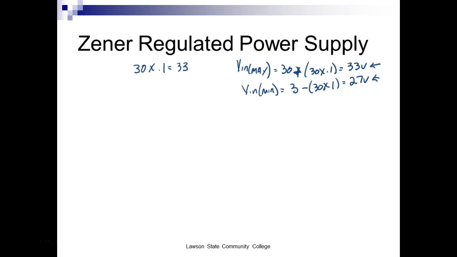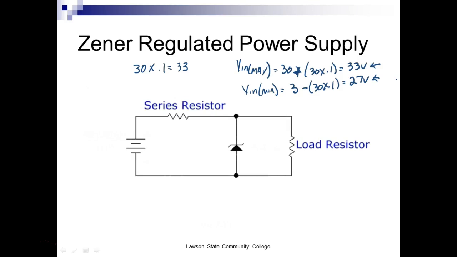So my resistor needs to drop what? The VZ is 20 volts there, right? Okay, VZ is 20 volts. So my resistor is going to drop a maximum of what? The minimum voltage at the maximum current.